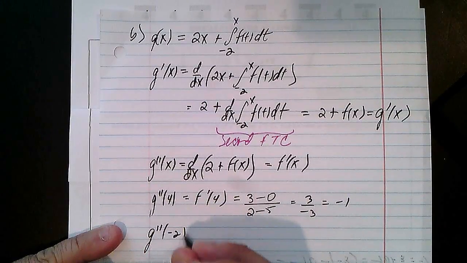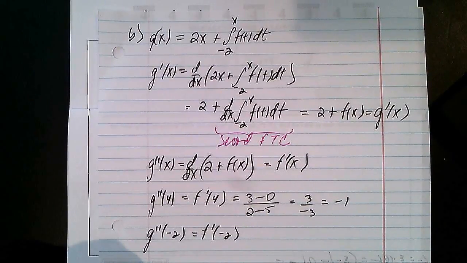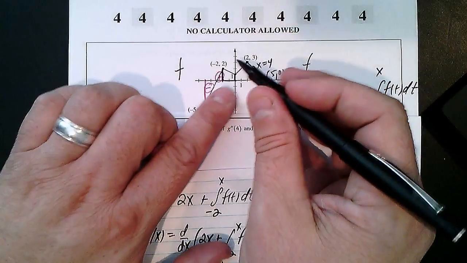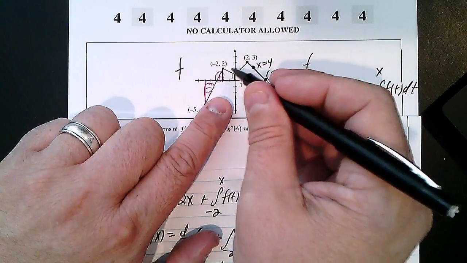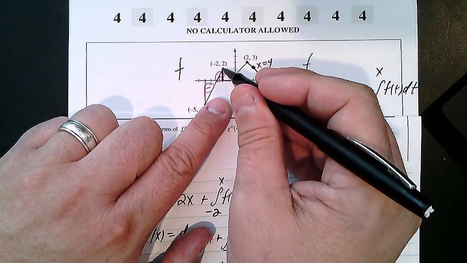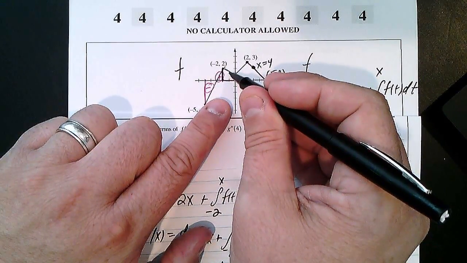G double prime of negative 2 is the same as f prime of negative 2. Well, let's look at that graph again. We find x equals negative 2. Here we are. The slope at this point, now let's be careful here. The slope of the tangent line at this point, this is a cusp point.